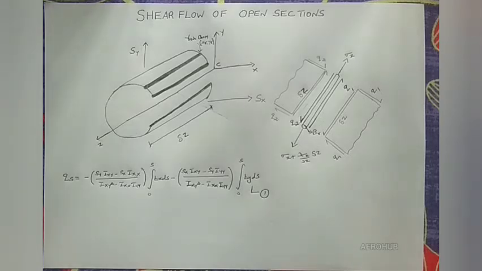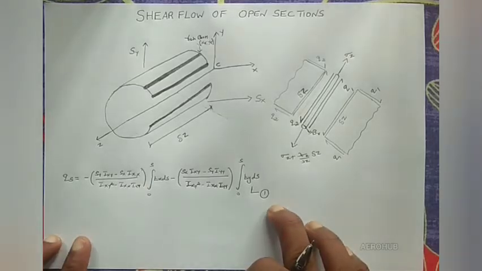That is, we will have a resultant of this shear load along the x and y direction, and this resultant will be applied at the shear center because there won't be any twisting of the beam when we apply the load at the shear center.